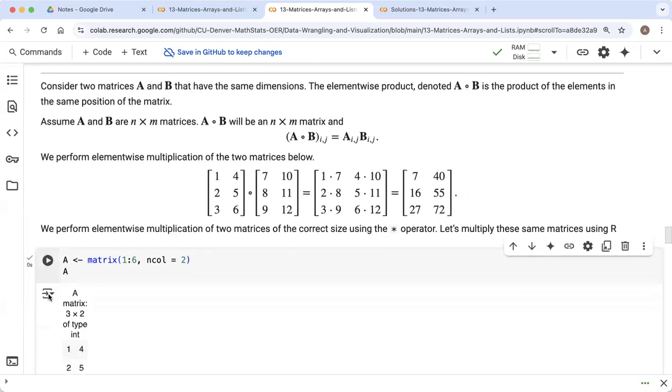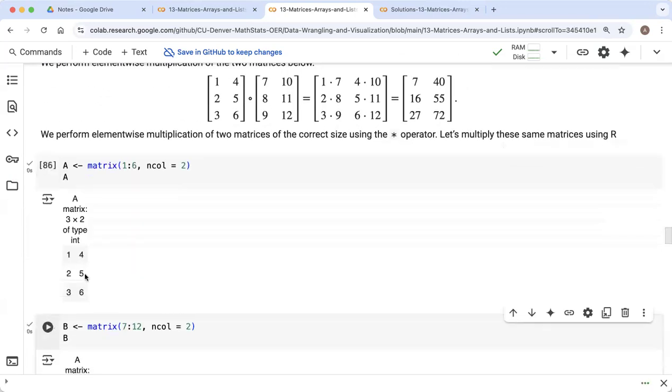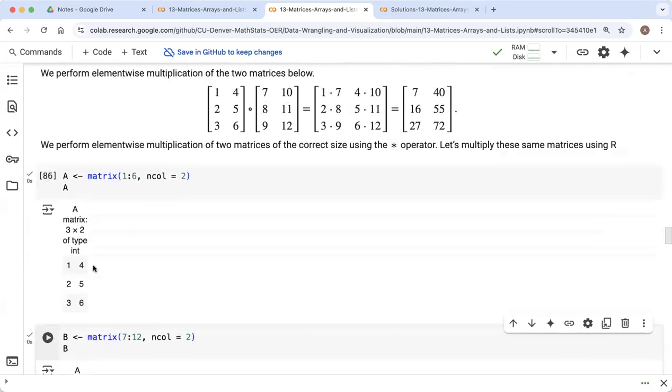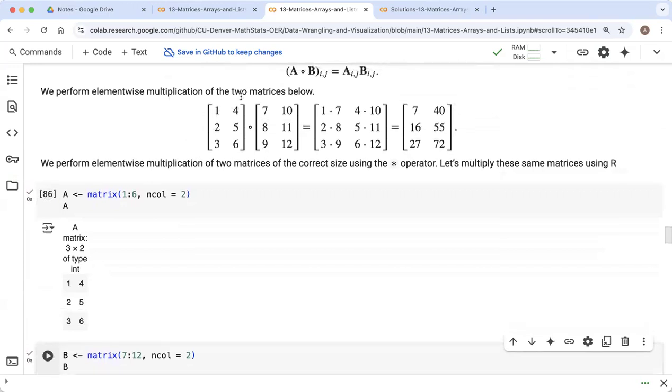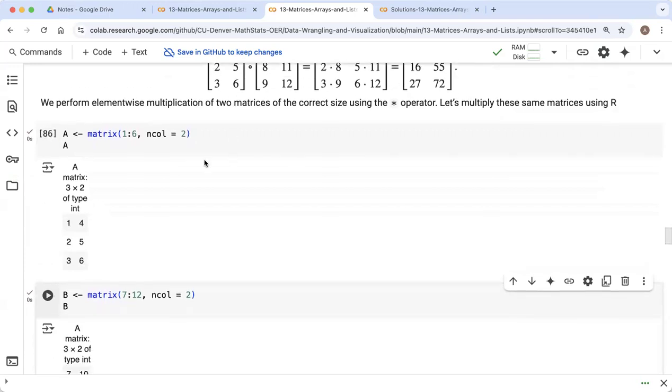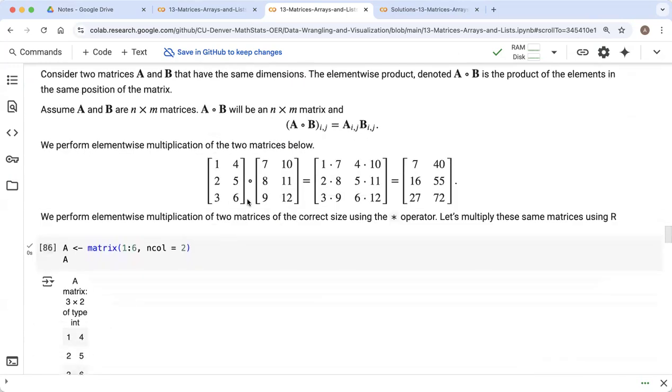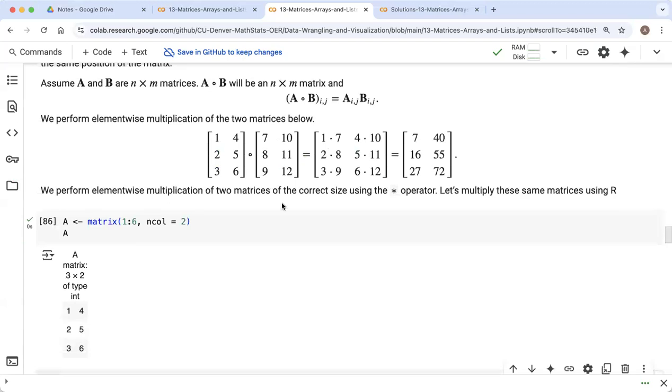So this is just illustrating that product above. Here's matrix A, first column 1, 2, 3, second column 4, 5, 6. Here's matrix B, first column is 7, 8, 9, second column 10, 11, 12.